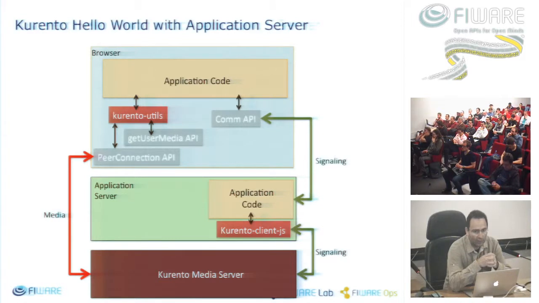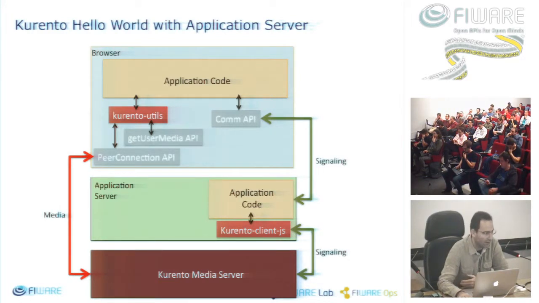For creating real-world applications with Kurento, you need to use this same three-tier architecture, so that the browser is not going to speak directly with the media server, but with an application server. We are providing off-the-shelf Kurento client APIs for Java and for JavaScript, so that you can use any Java compatible application server or any JavaScript compatible application server, including Node.js.